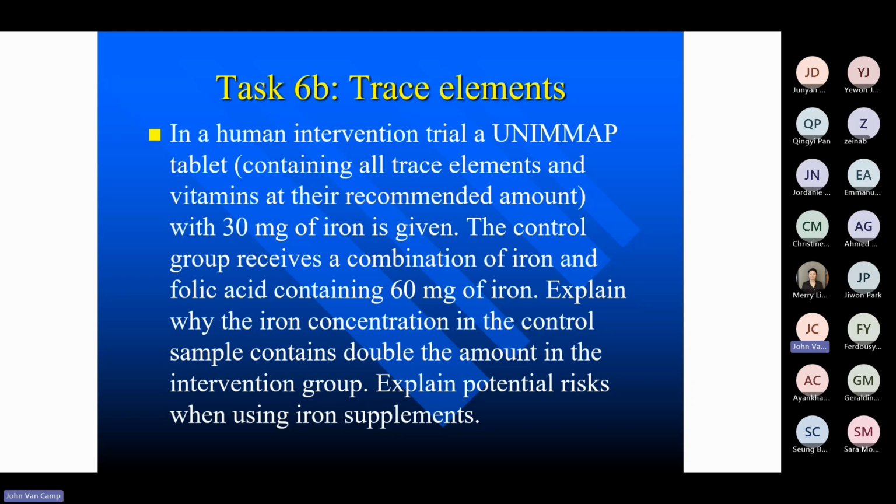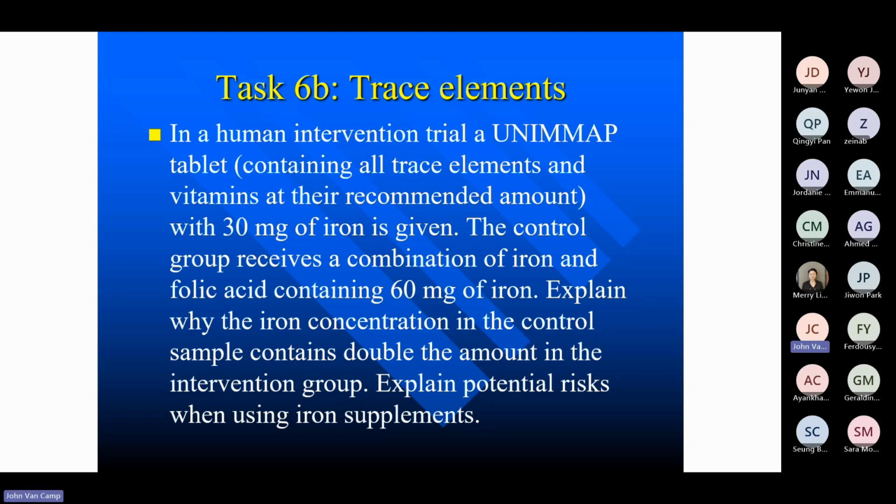We have a human intervention, which is done on humans, and we are giving them the so-called Unimap tablet. It's a pill or a powder or a capsule, which contains all trace elements and all vitamins according to the recommended amount. So if you just take one of these tablets a day, you have enough intake for all your trace elements and all your vitamins.